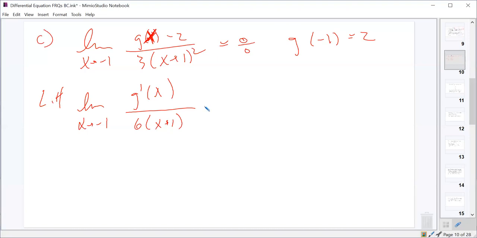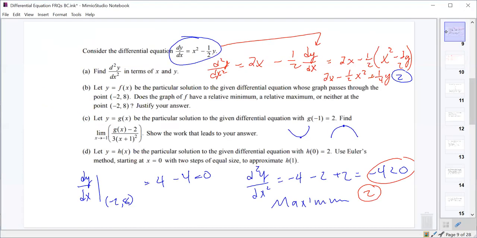And if we were to plug in g prime of -1, let's see here.